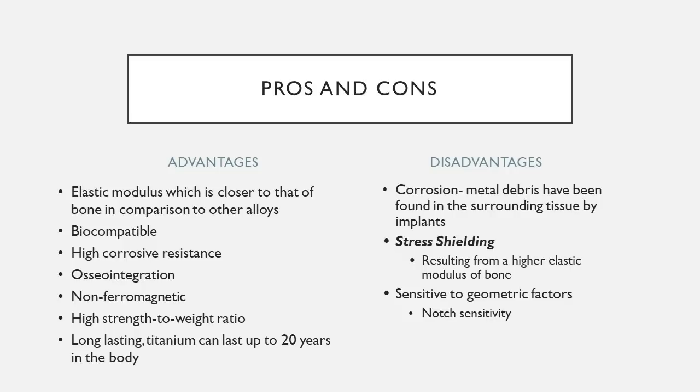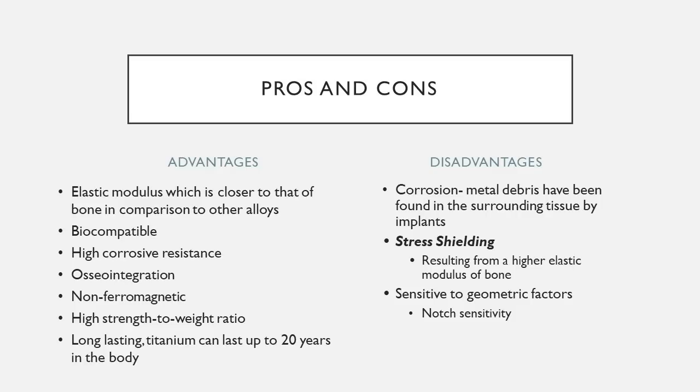Part of the disadvantages of titanium are that the small amount of corrosion and metal debris, especially caused in load-bearing implants, has been found to have some biocompatibility issues in the tissue surrounding those implants. And I mentioned the stress shielding advantage of titanium in that it's better than other alloys, but still the fact that it's not on par with the elastic modulus of bone can still result in a problem even for titanium.